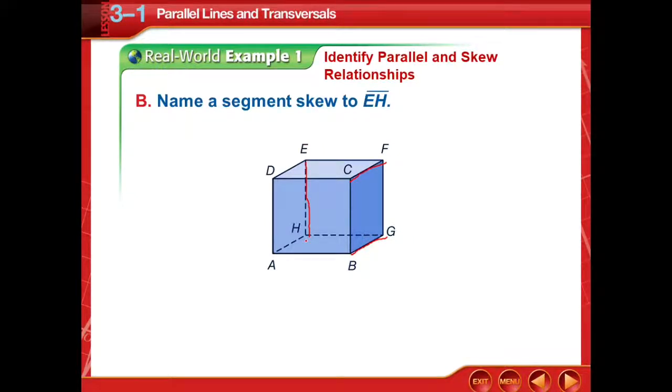EH is vertical, CF and BG are horizontal, and they are not in the same plane. They will never intersect. Additionally, I know that DC and AB are also not in the same plane and will never intersect with EH. This is how we write those segments.